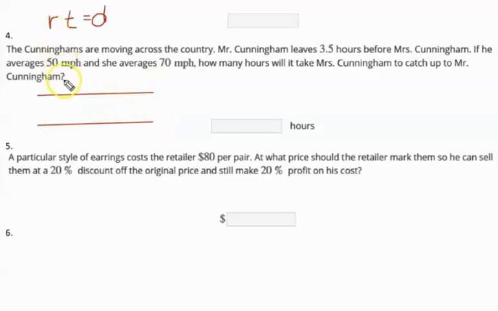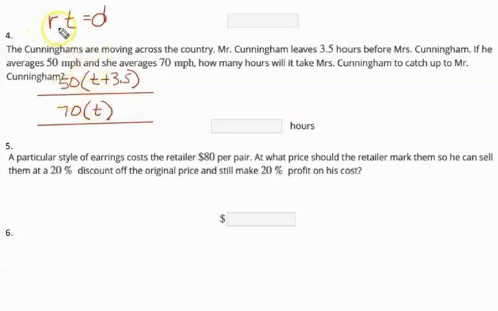Now, the rate of one person, the husband, he goes 50 miles for a certain amount of time, and he leaves 3.5 hours before the wife. Now, the wife is traveling 70 miles. She's really going fast here. And she's going to go just this amount of time.